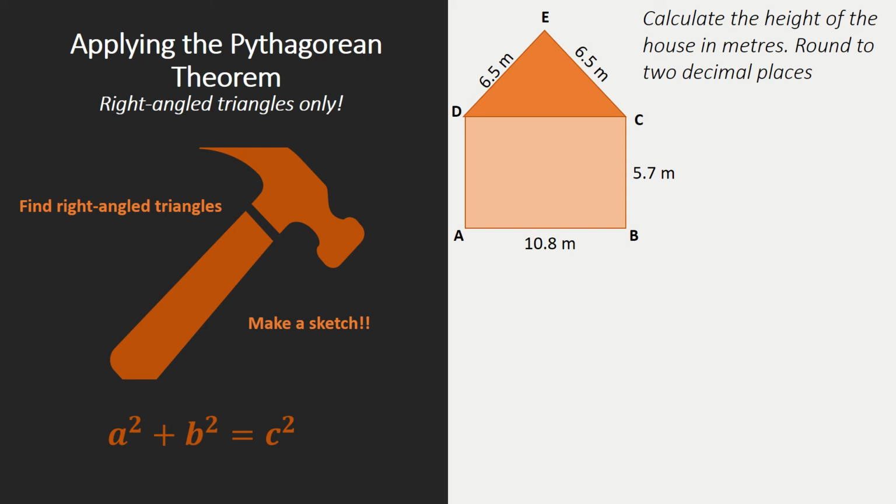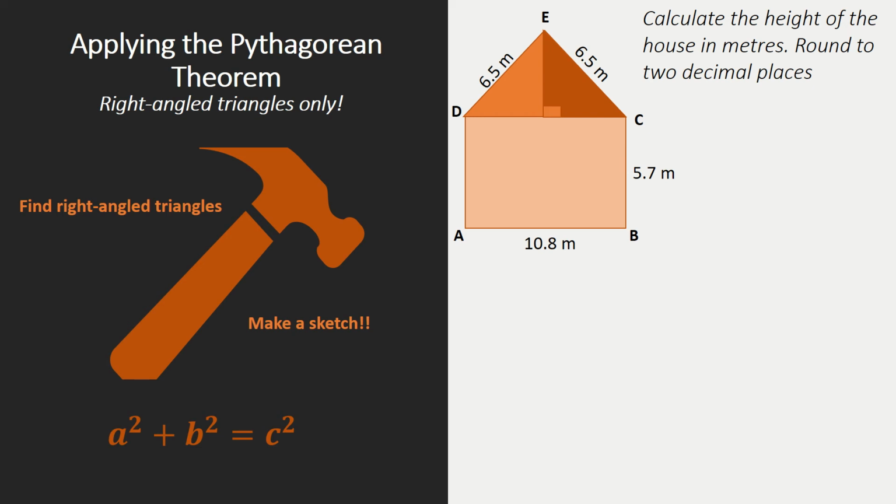We're going to find right-angled triangles because we want to know the height of the house. We know that BC equals 5.7, but we do not know the height of the roof. So we're going to find a right-angled triangle, and you can draw that in your sketch.